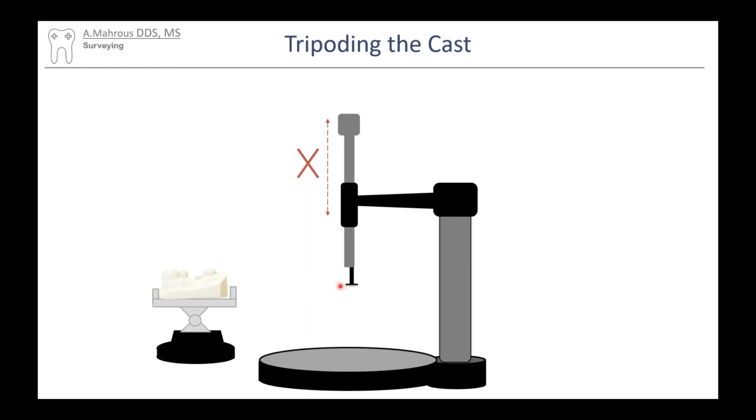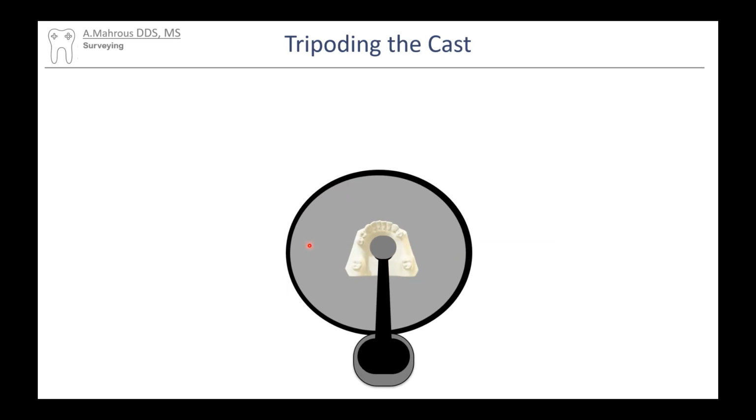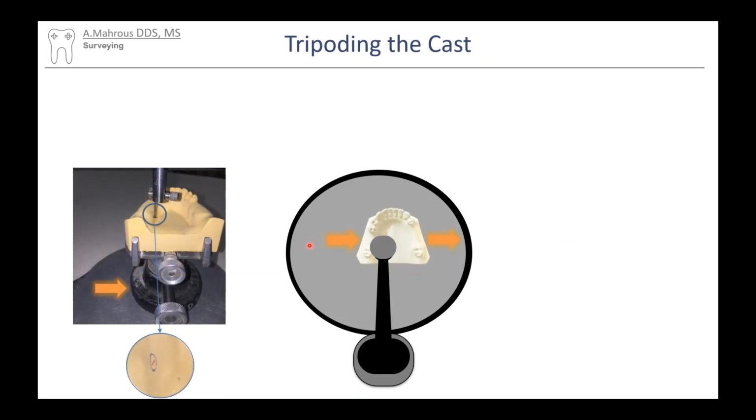The instrument you're using, the 0.03 undercut gauge, needs to be able to contact the cast when you bring the cast closer. Now, we're going to go ahead and put the cast under the mandrel, and we're going to move it in 3 different directions. First, let's move it to the right. When we do that, that 0.03 undercut gauge is going to contact the point on the cast.